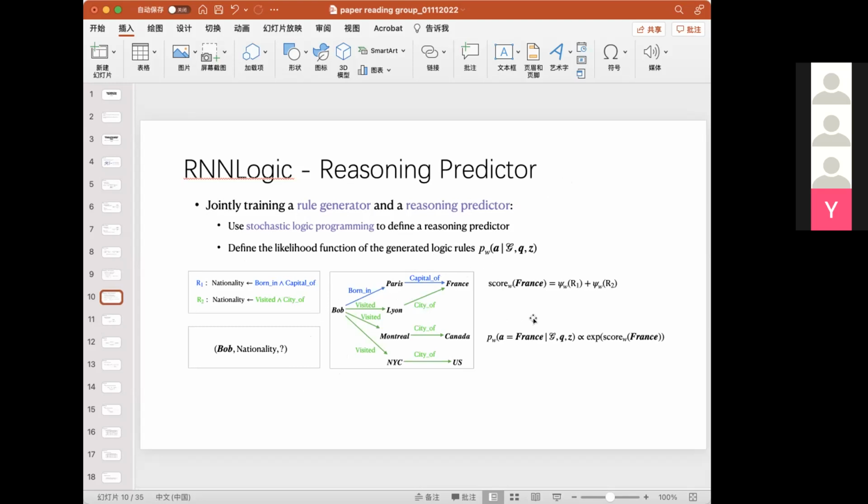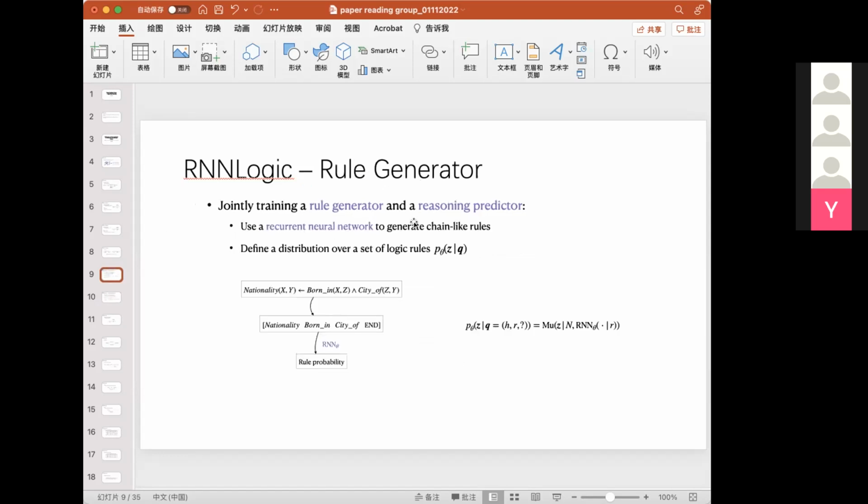Then the reasoning predictor returns high quality rules based on this prediction result to the generator, and the generator retrains the RN based on these high quality rules.